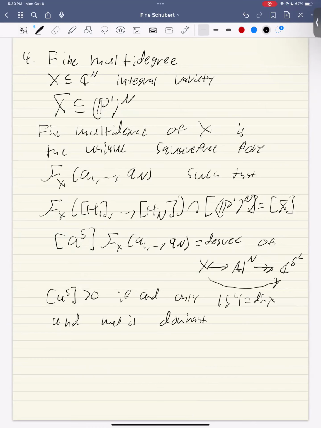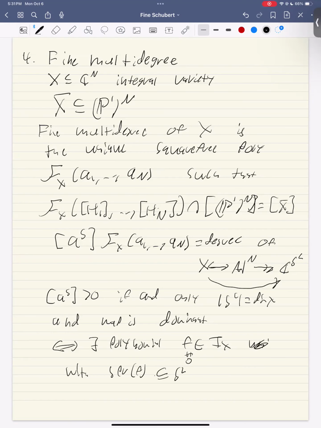If this map is not dominant, then exactly that means there's some polynomial which vanishes on the image. That means there's a polynomial which only uses the variables in S complement inside the ideal of X. So this happens if and only if there is a nonzero polynomial f in the ideal of X with the spread of f contained in S complement, i.e. it intersects S trivially.